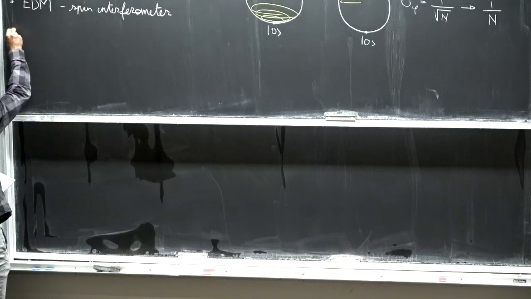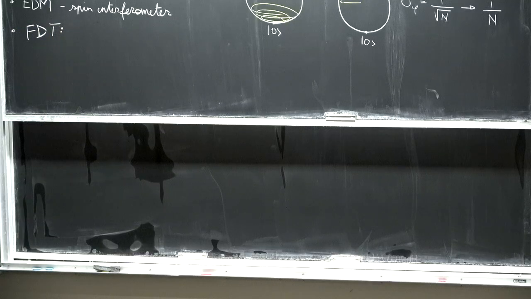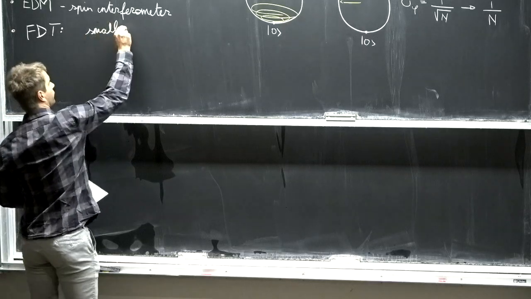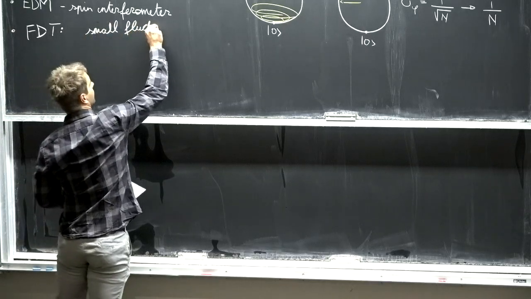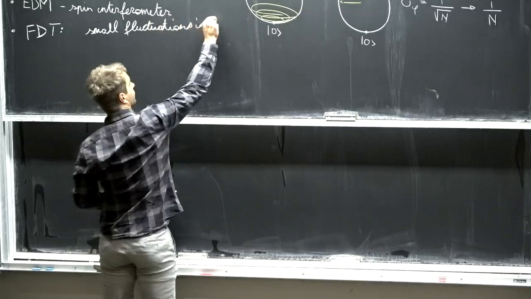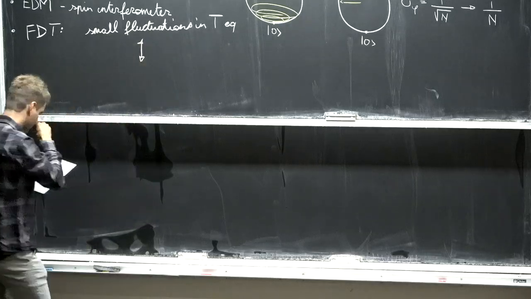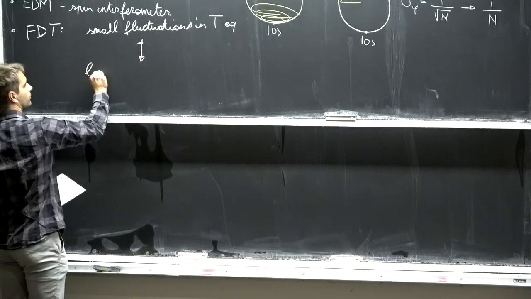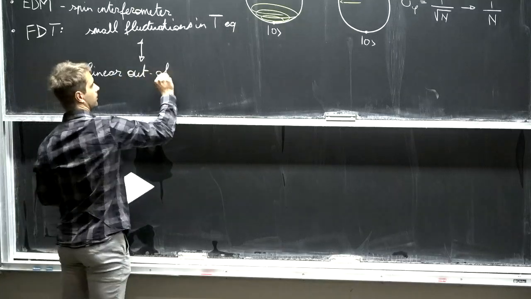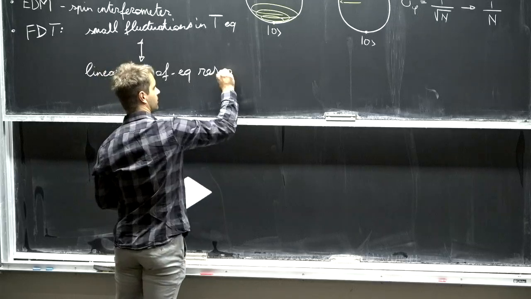So the fluctuation dissipation theorem is basically a formula that relates small fluctuations in thermal equilibrium to linear out of equilibrium response. And I'll say a few words about that.